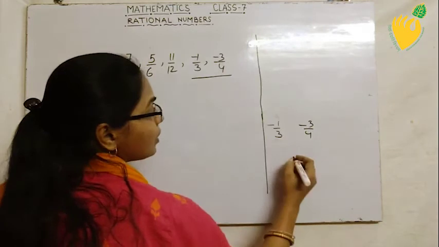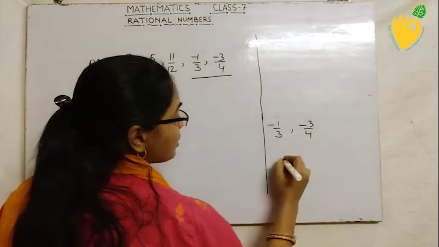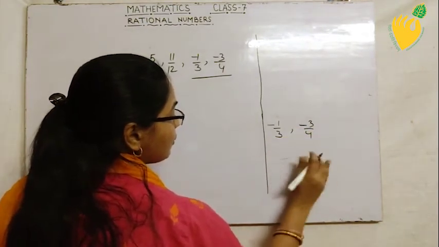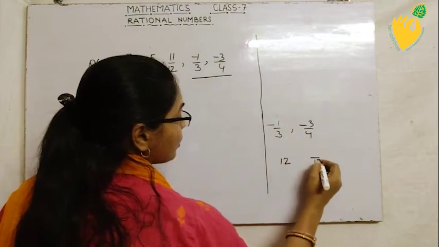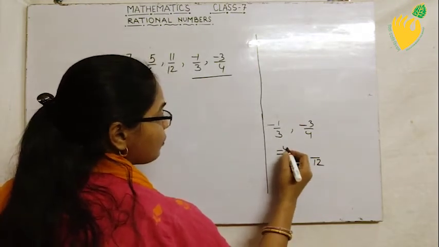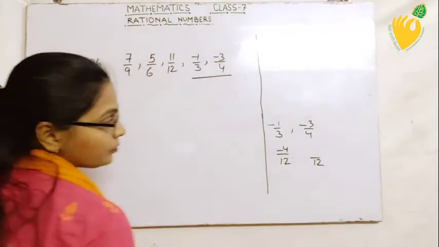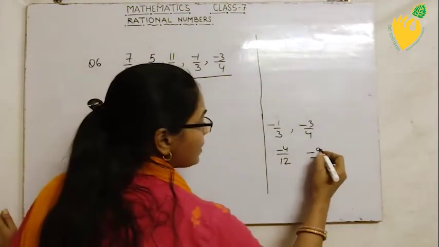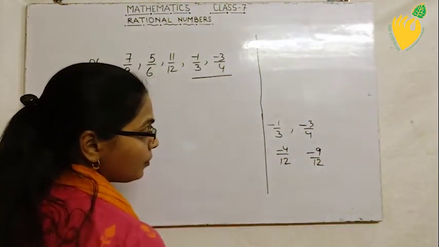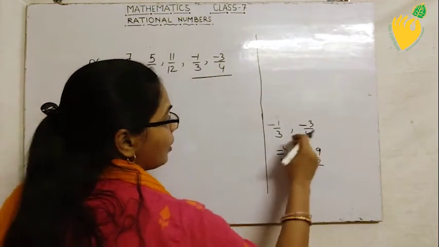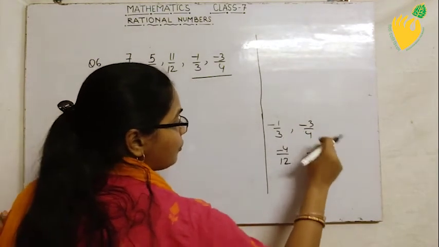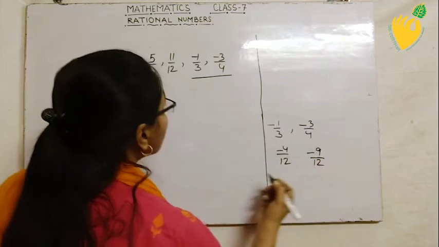Solve it in rough. Take the LCM, students, it will be 12. This is minus 4 upon 12 and this is minus 9 upon 12. 3 4s are 12 and 4 3s are 12, 3 3s are 9.